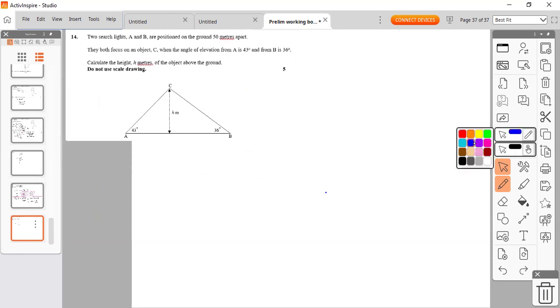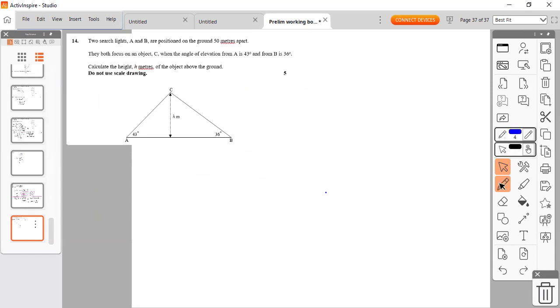Hopefully you'll still read that. We've got A to B, it's 50 meters. They both focus on an object C, and the angles of elevation are 43 and 36. Calculate the height, h meters, of the object.